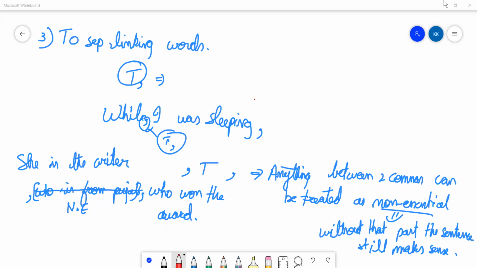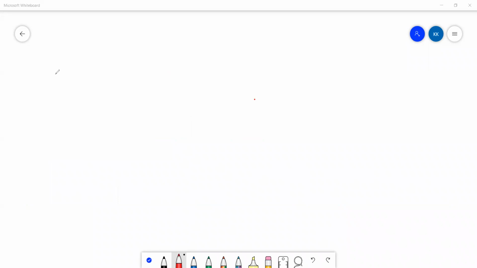Sorry. Okay, so the fourth main use is to separate clauses.